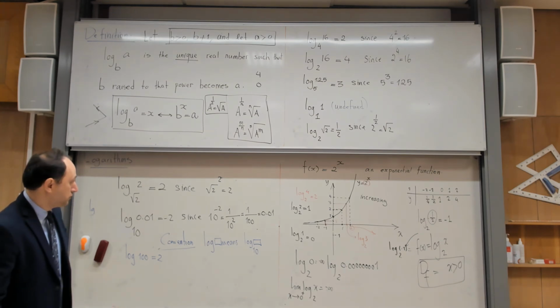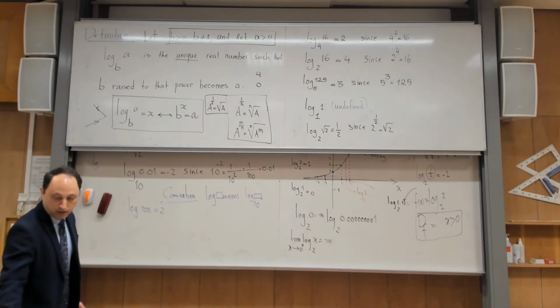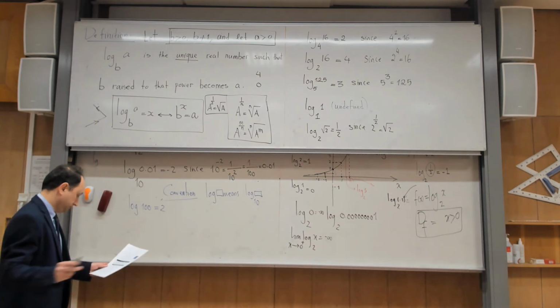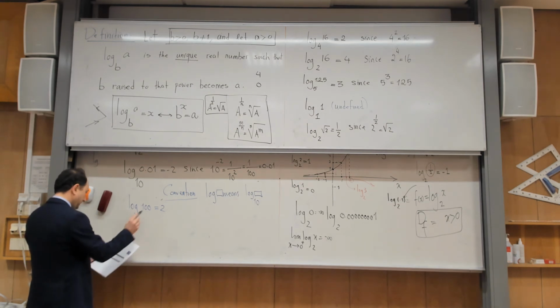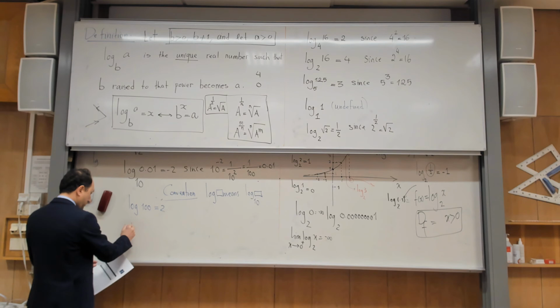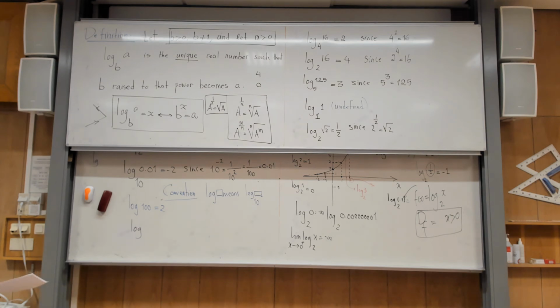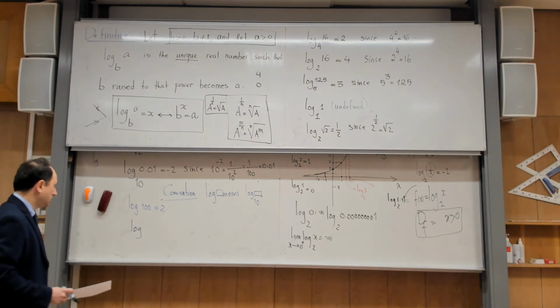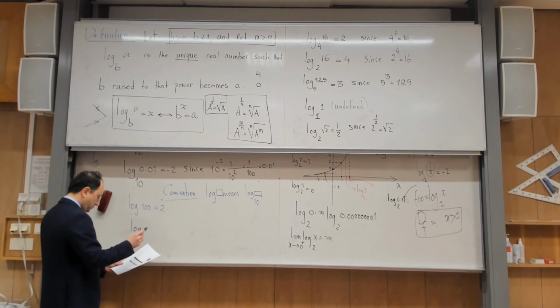Okay, let me ask you one more here. So what is the answer to this? Log. Okay, so what is the log? So the problems are not always that simple. By the way, the questions regarding logarithms could be among the hardest questions. Okay, so the logarithm of this one I expect you to answer.